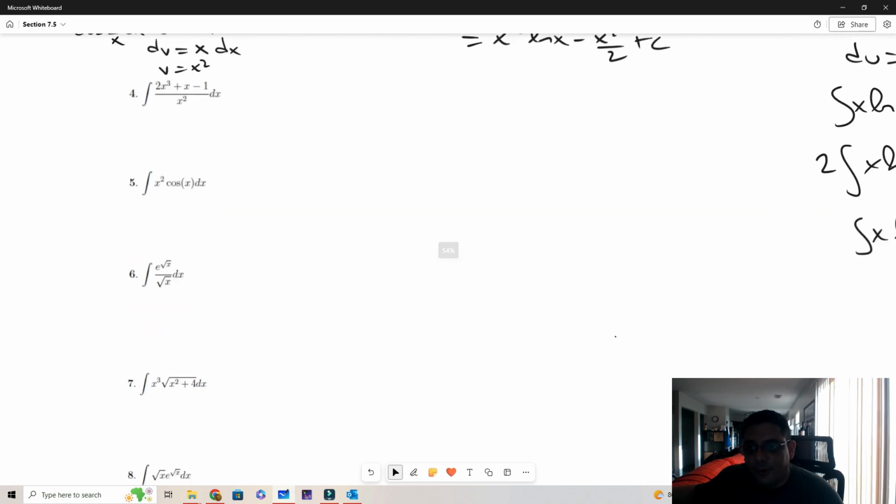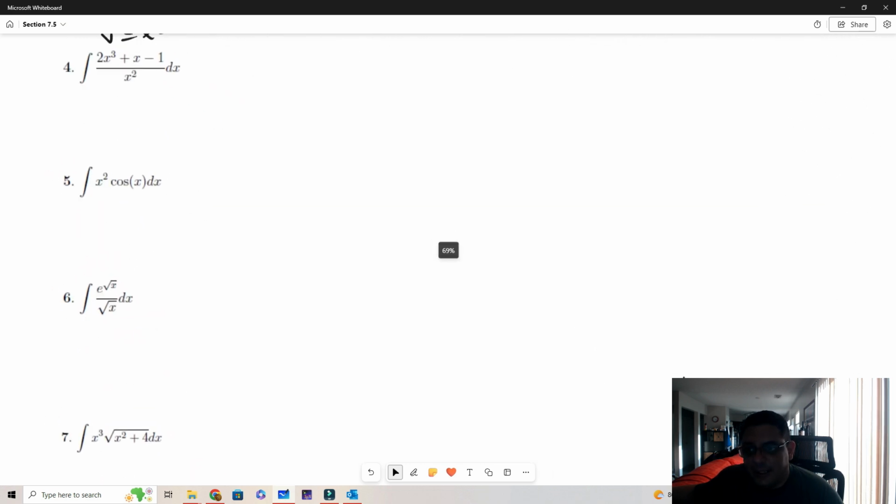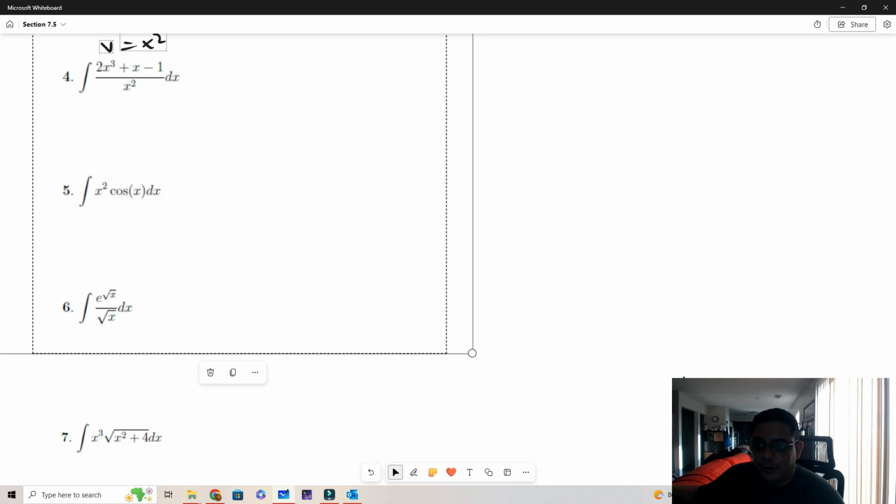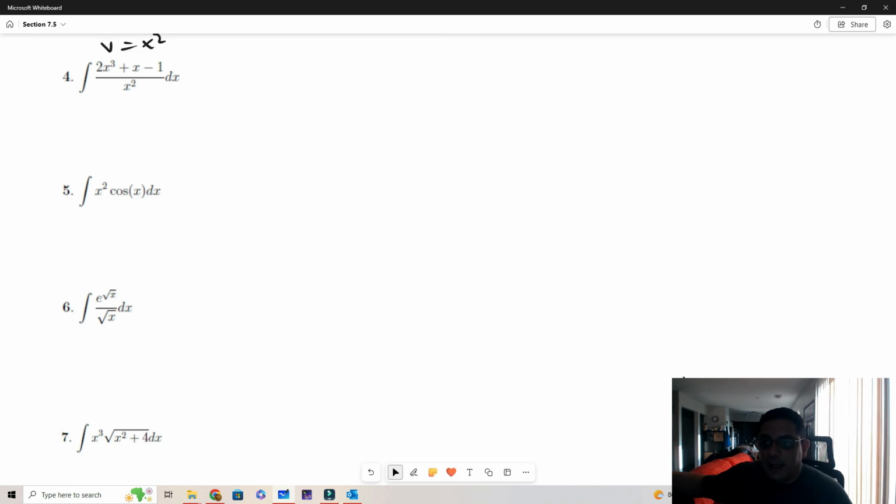So for number 4, we have the integral of 2x cubed plus x minus 1 divided by x squared. Now this is one of those that you can simplify by doing algebra first. You can do 2x cubed divided by x squared plus x divided by x squared minus 1 divided by x squared.